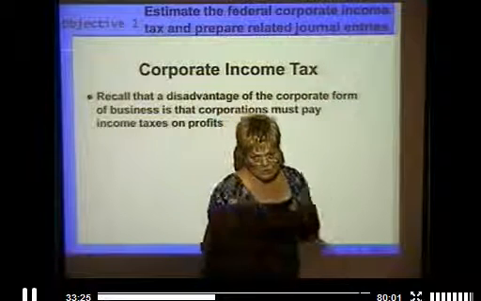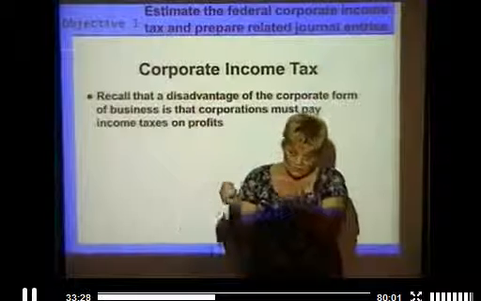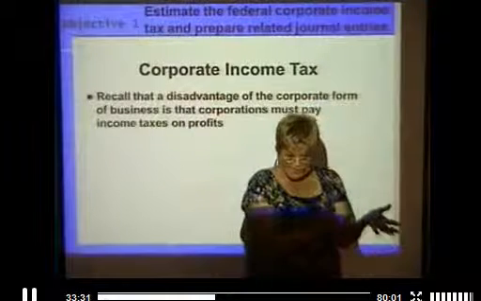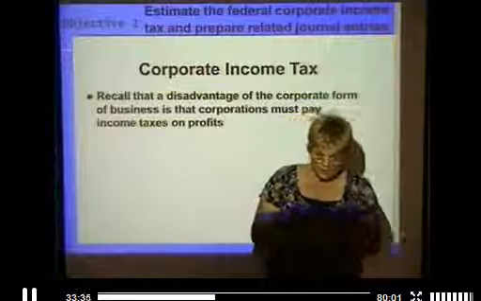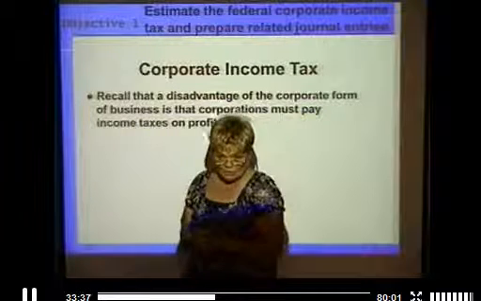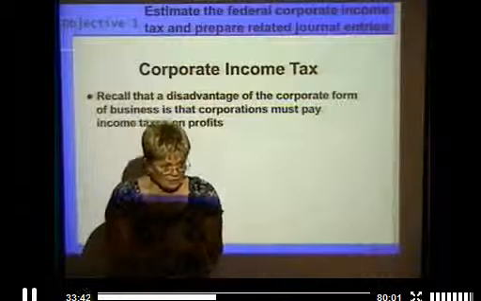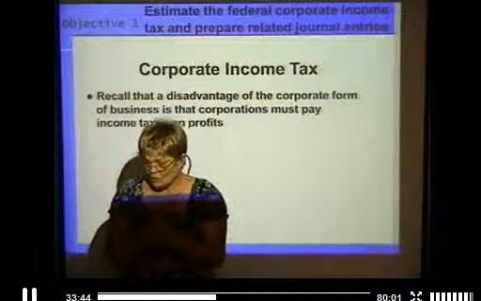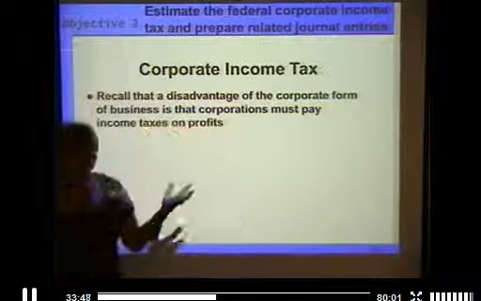So that profit that the corporation's already paid the tax on goes to the stockholders, and they have to pay tax on it. Taxed here, taxed here. So that's one of the disadvantages. Remember, in your partnership, it only goes straight to the person, and they are only taxed on it. The difference being, of course, the corporate rates can be lower, and there are other advantages that offset that.